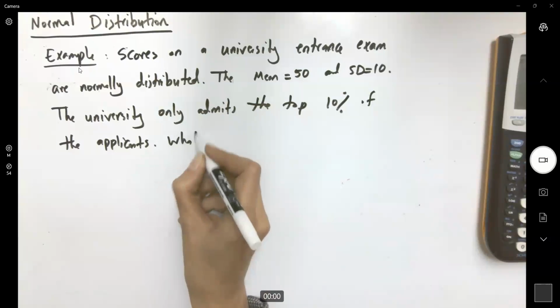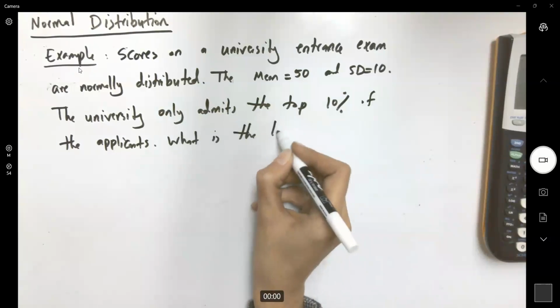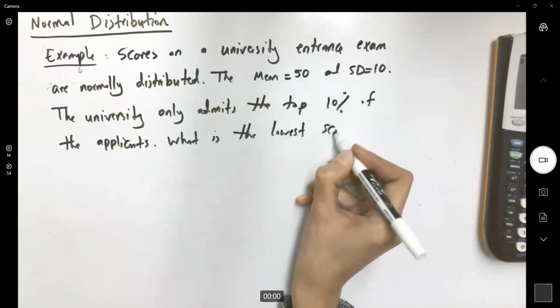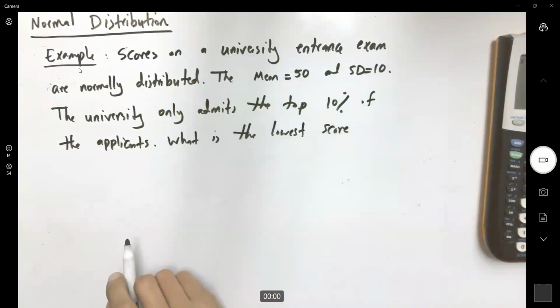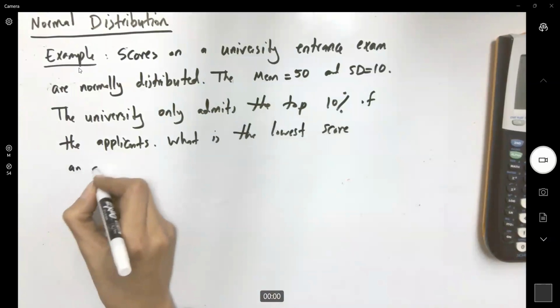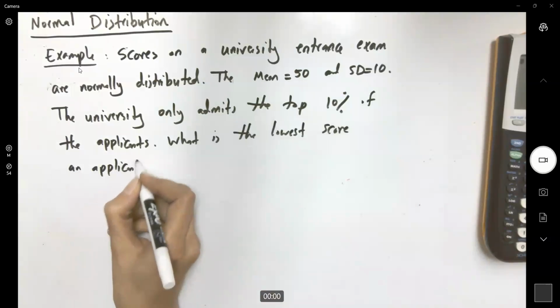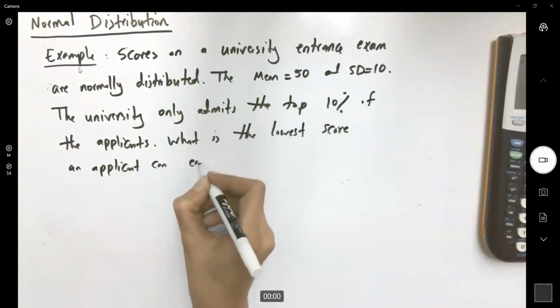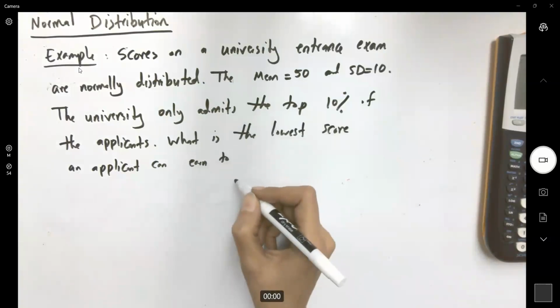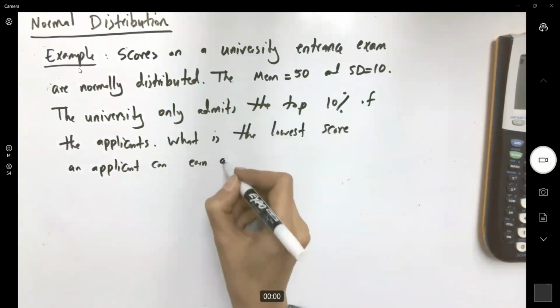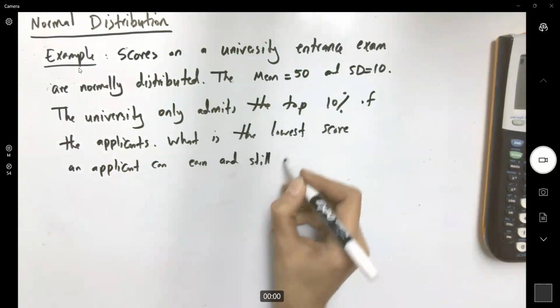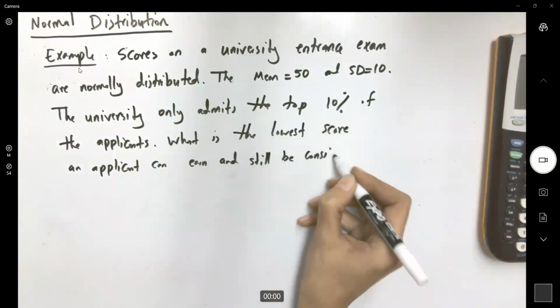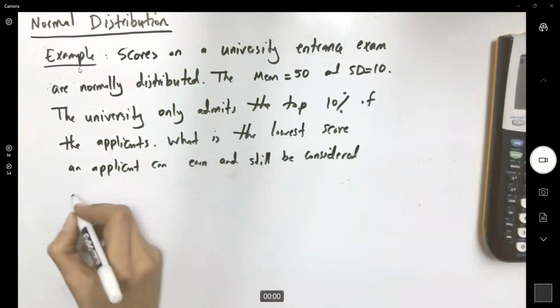What is the lowest score an applicant can earn and still be considered for the admission?